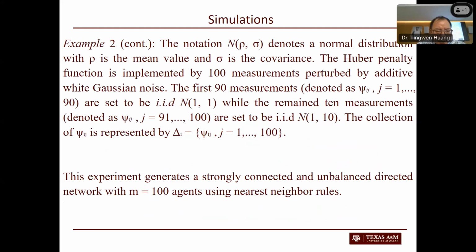The collection of phi ij is represented by delta phi ij, j from 1 to infinity. Now the experiment generates a strongly connected and unbalanced directed network with m equal to 100 agents using nearest neighbor rules.